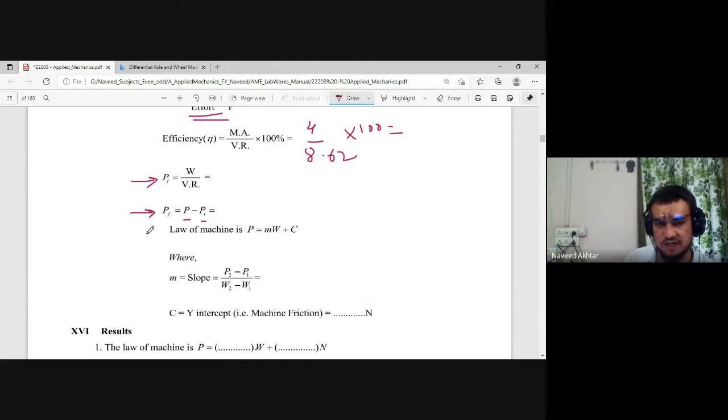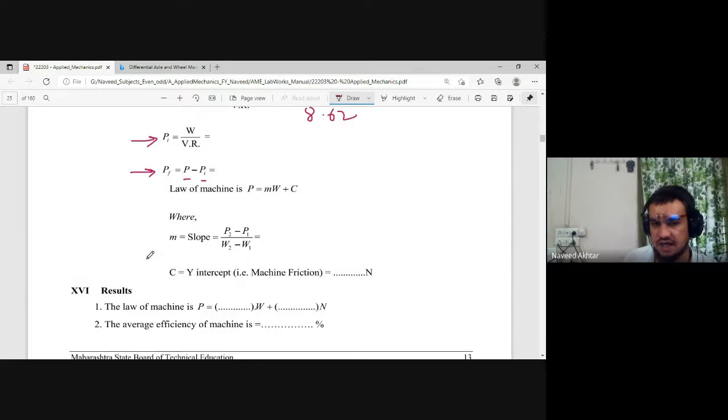You can find out that is PF. And the slope you can find out, P2 minus P1 divided by W2 minus W1, and then C, the Y intercept, is the machine friction, and that should be written here.